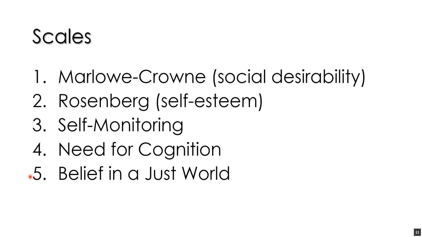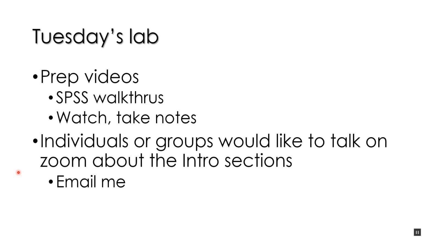All right, so the scales I want you to choose from are Marlowe-Crowne, Rosenberg self-esteem, self-monitoring, need for cognition, and belief in a just world. And for Tuesday's lab, watch the prep videos. I have about 4 SPSS walkthroughs.